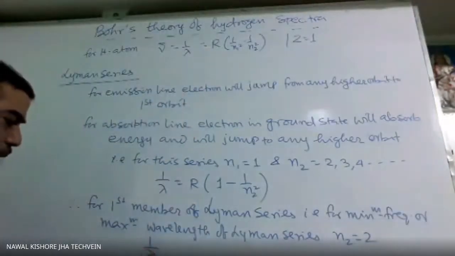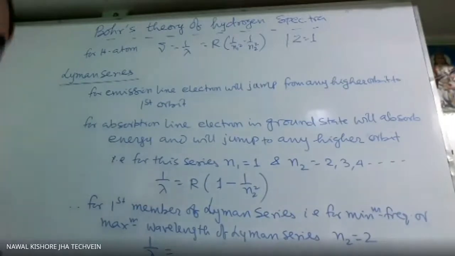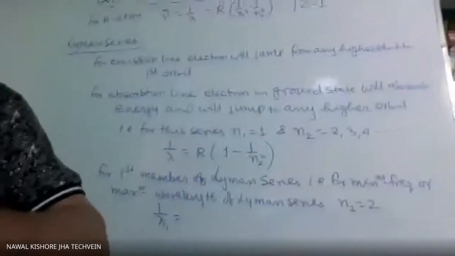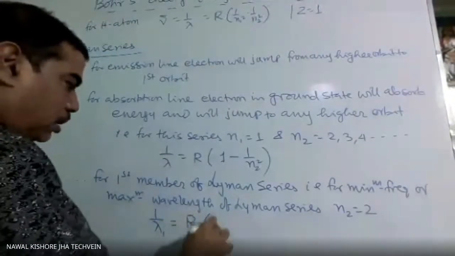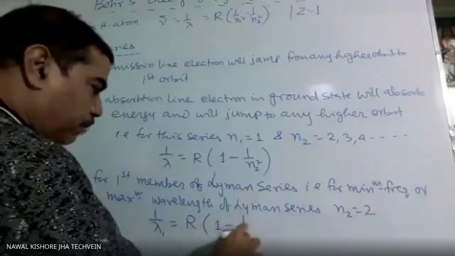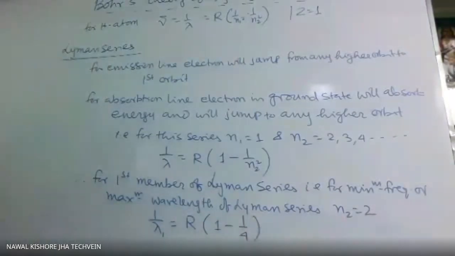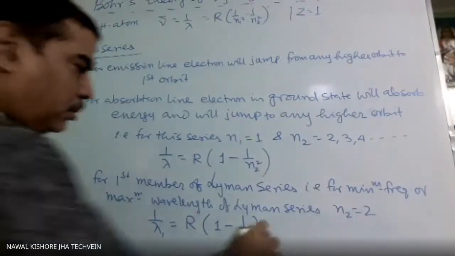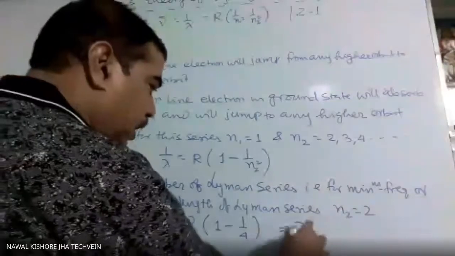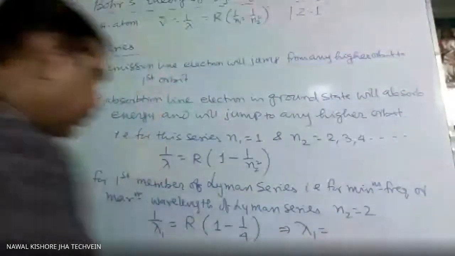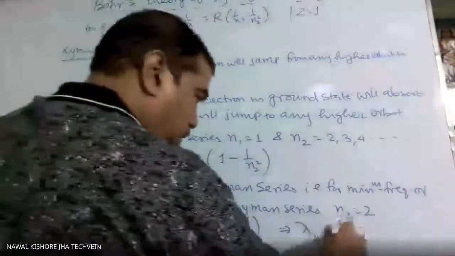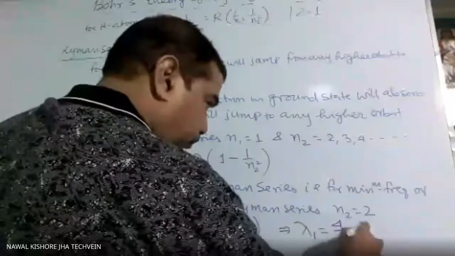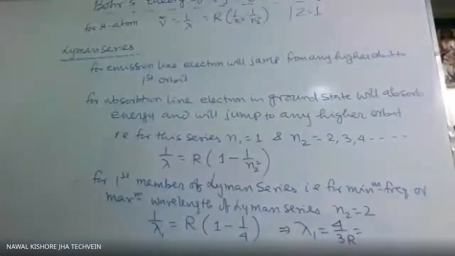So 1 by lambda 1 will come how much? It is R times 1 minus 1 by 4. That means this lambda 1 will be 4 over 3R. How much will the value come?